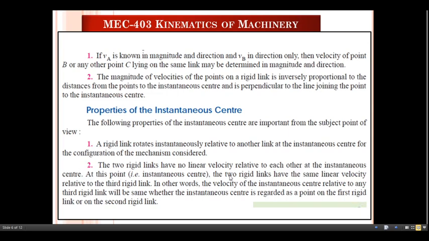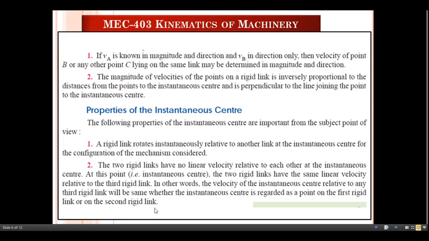At this point, the two rigid links have the same linear velocity relative to a third rigid link. In other words, the velocity of the instantaneous center relative to any third rigid link will be the same whether the instantaneous center is regarded as a point on the first rigid link or on the second rigid link.